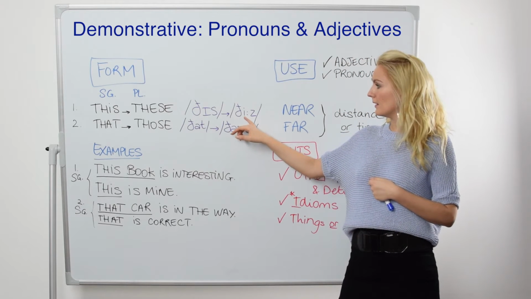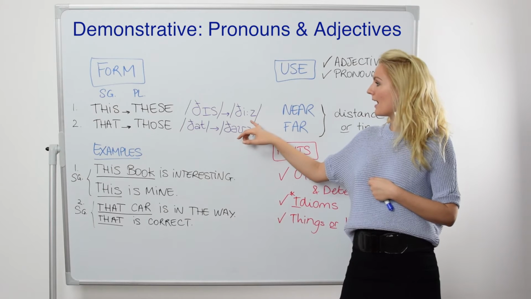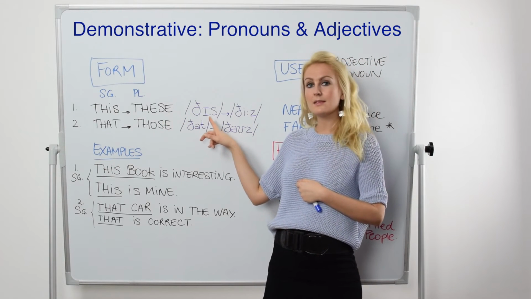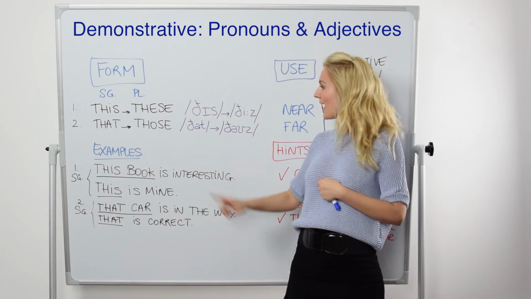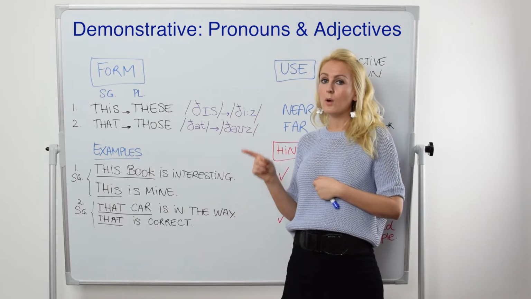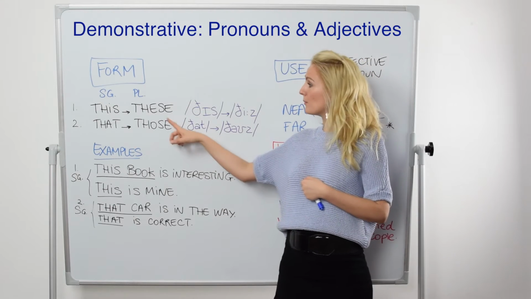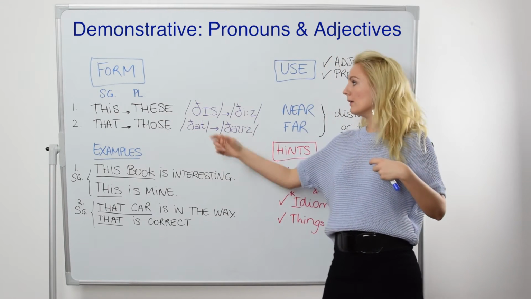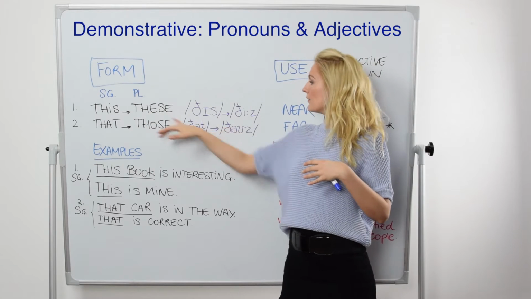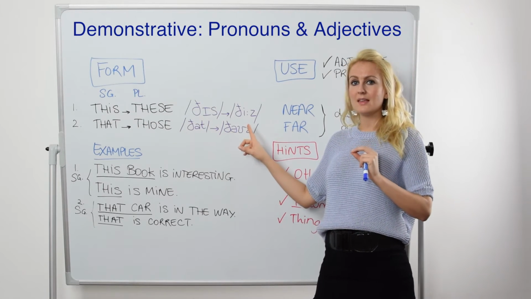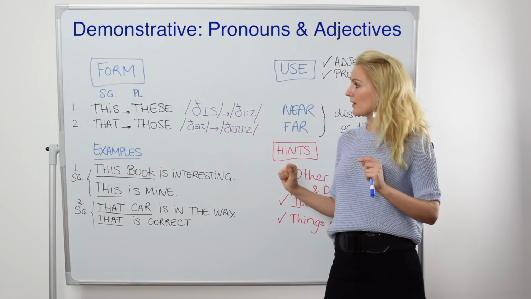So here, the symbol for that. And we have a Z sound, no longer a S like in the singular. Be careful there. This, nice and short, with a S sound. Repeat, this. And the plural, a longer vowel, a longer phoneme, followed by a Z sound. This, these. Very different, okay?